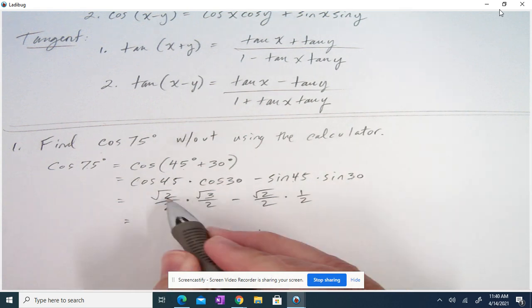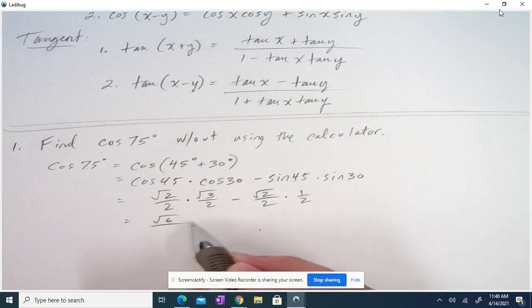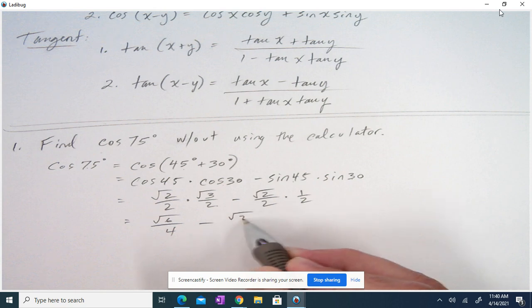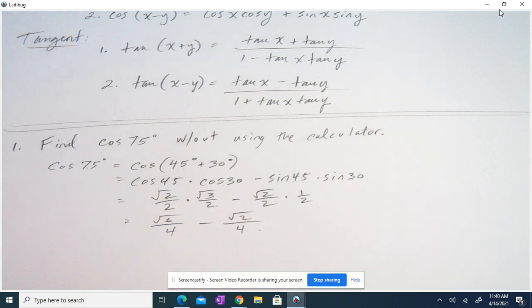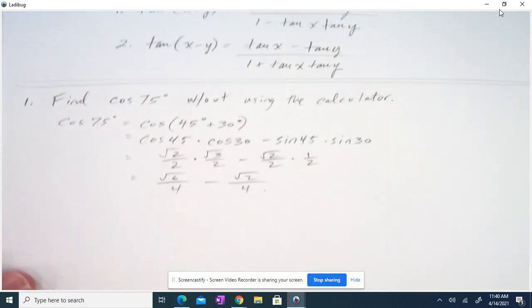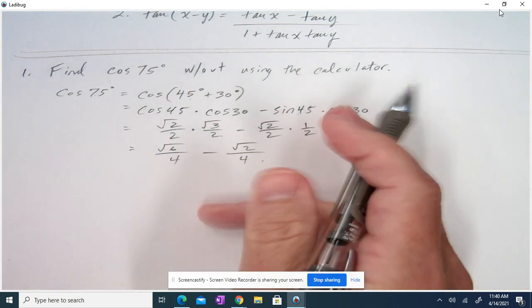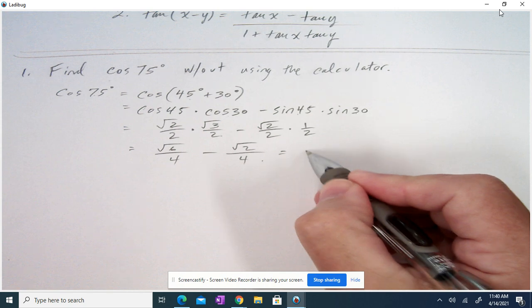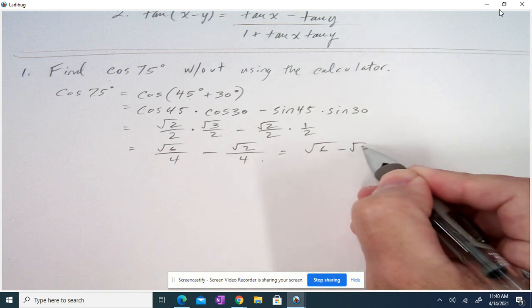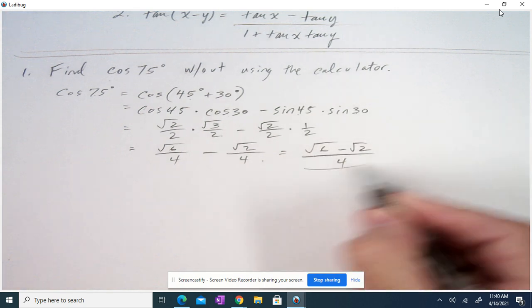When I multiply this, I get square root of 6 over 4 minus square root of 2 over 4. And that's the best answer that you're going to get, in exact form. One more step, we could say square root of 6 minus square root of 2 all over 4 would be the same thing.